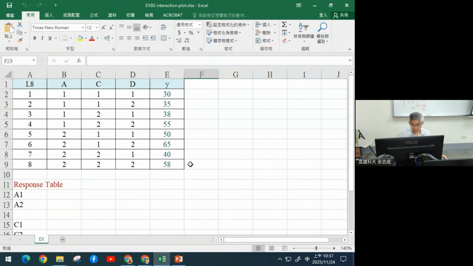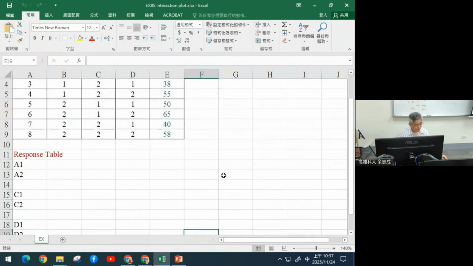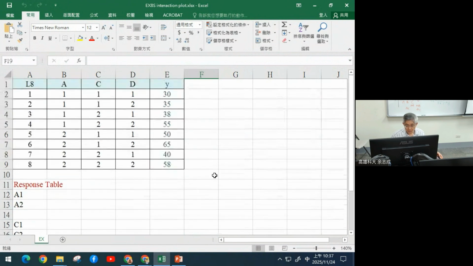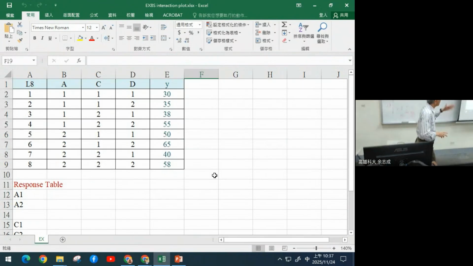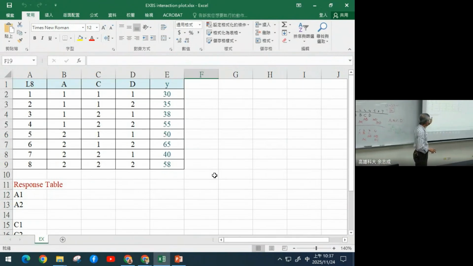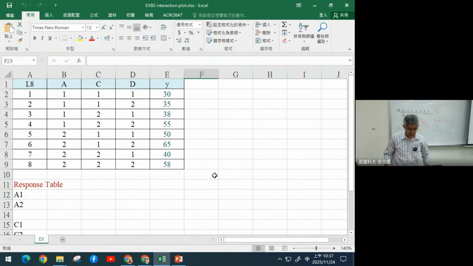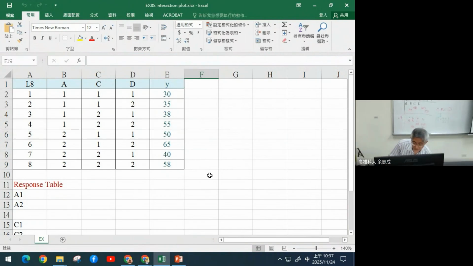The numbers are a little bit different, 30, 35, 30, but that's all right. Although these numbers are different from the lecture notes, we can come up with the same analysis. We just use this one as an example.